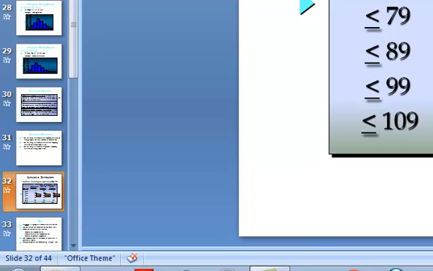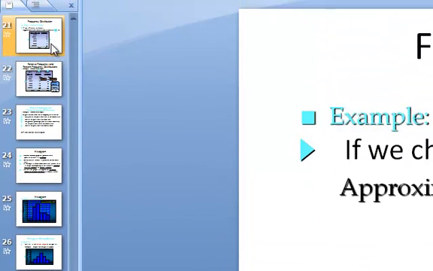There are 2 observations below or equal to 59. There are 15 observations below or equal to 69. How do we get that? That's 2 plus 13. Let's go back. 2 plus 13, which is 15.